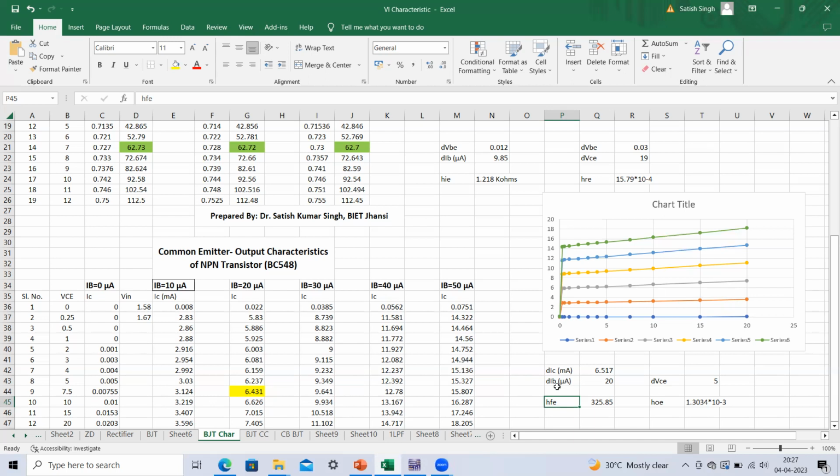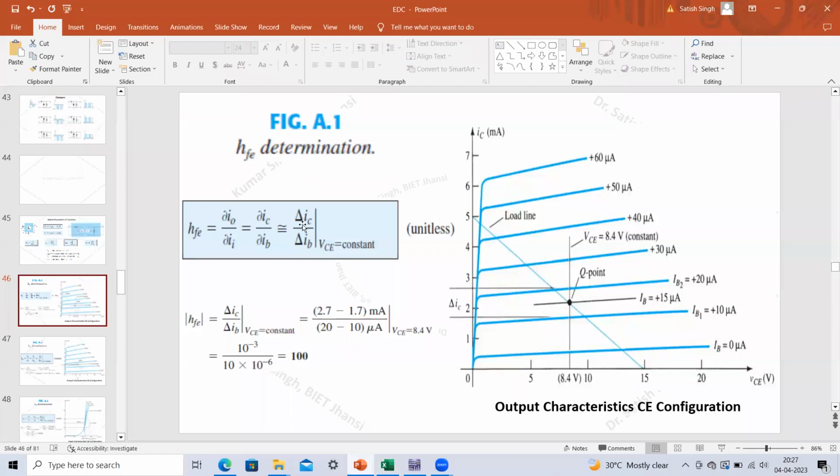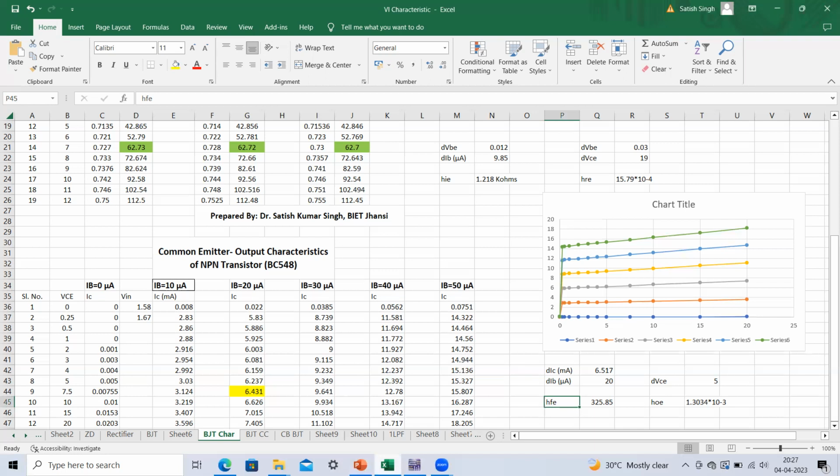While calculating this HFE, you have to first take this constant value of VCE. There should be a perpendicular, and then you have to calculate the change in current, delta IC, with respect to delta IB.